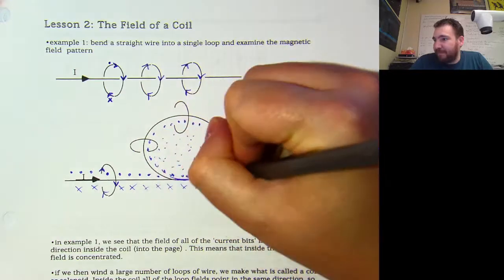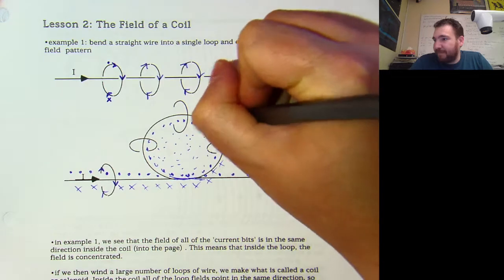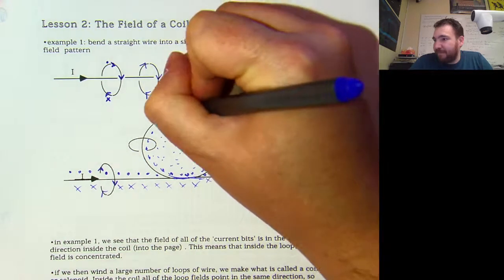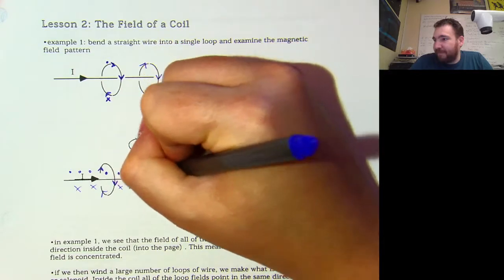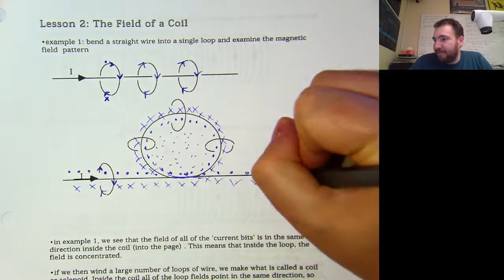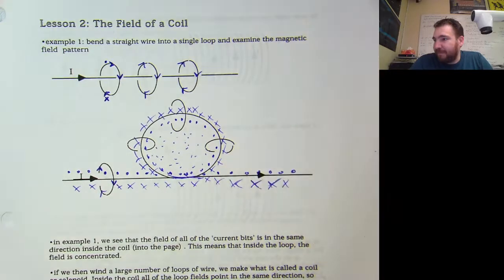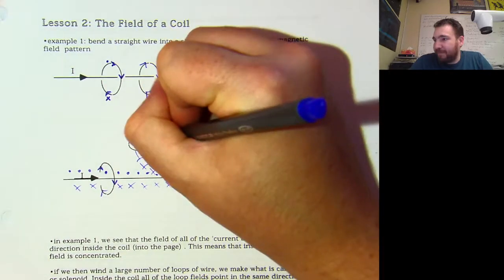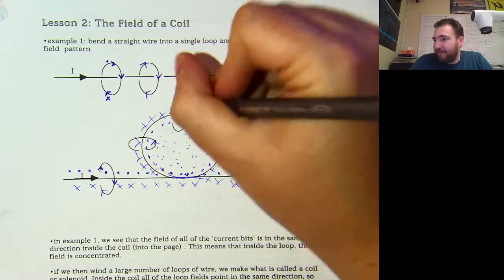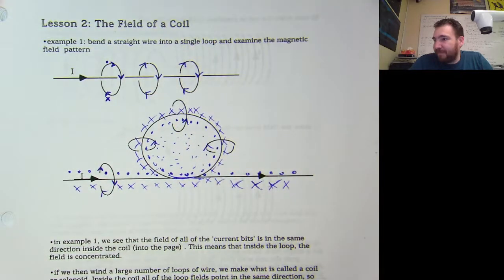And likewise, we could follow that same path for the magnetic field going in everywhere around the outside of that thing. It'll stop looking like X's at some point. So everywhere around this loop, we've got the same situation happening here. That's interesting.